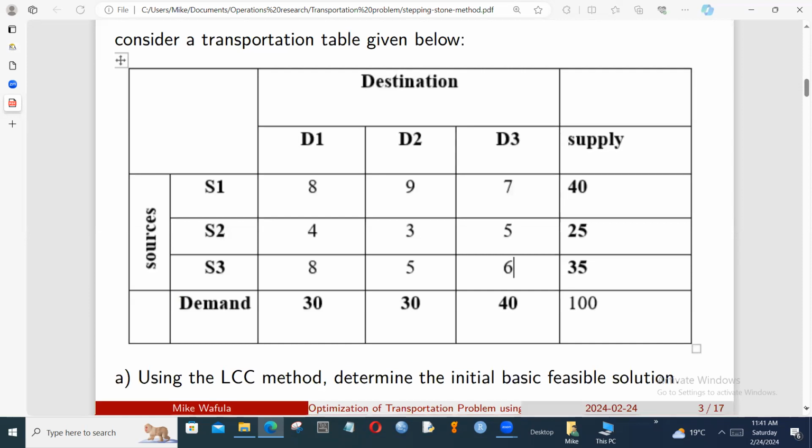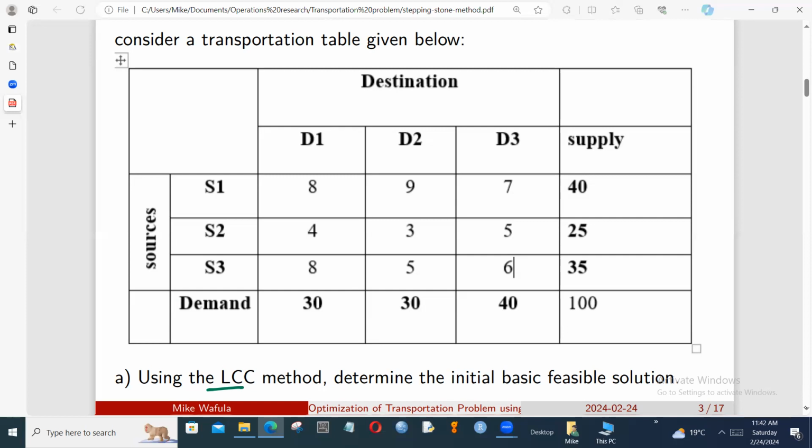It's what you can see here. Suppose you want to determine the initial basic feasible solution and you want to use the least cost cell method. I want us to do that so that we can then begin the steps under the stepping stone method.